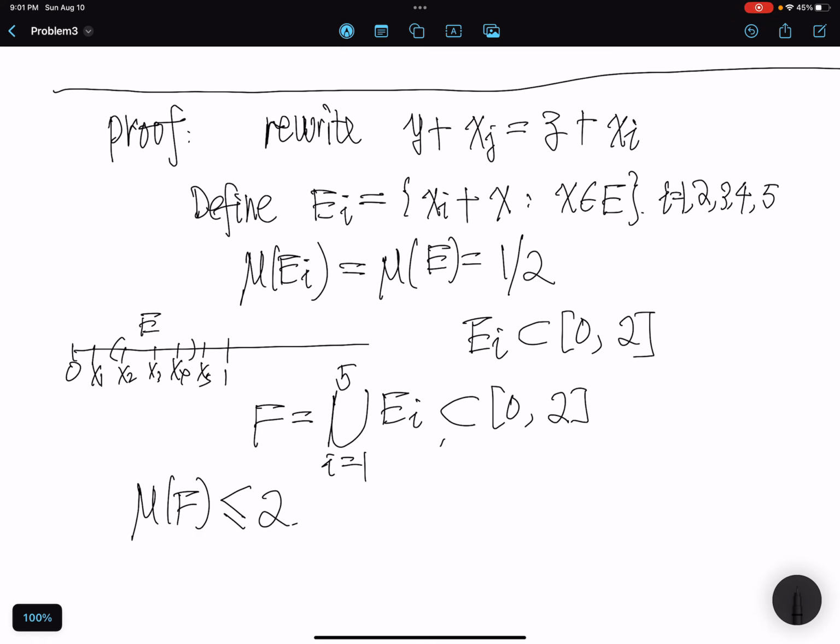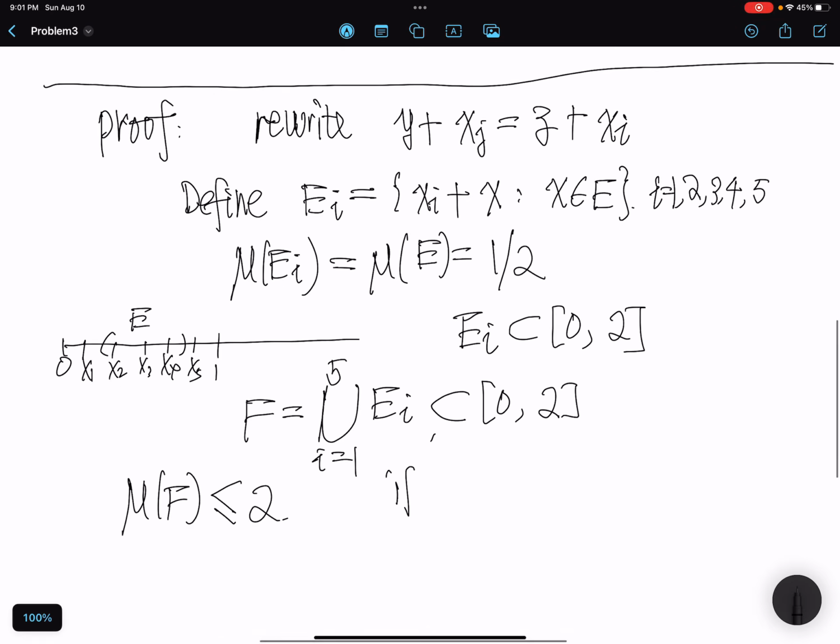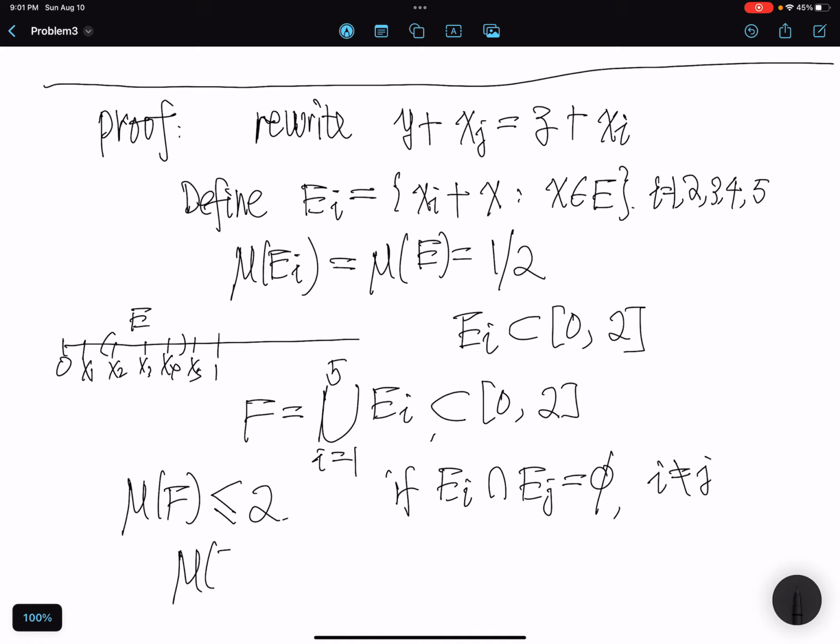So now let's see if, pairwise, any pair E_i and E_j is empty, that is, they are disjoint for all i not equal to j, what do we have? If they are all distinct, then this measure would have been the union of all of this, because each pair is disjoint.